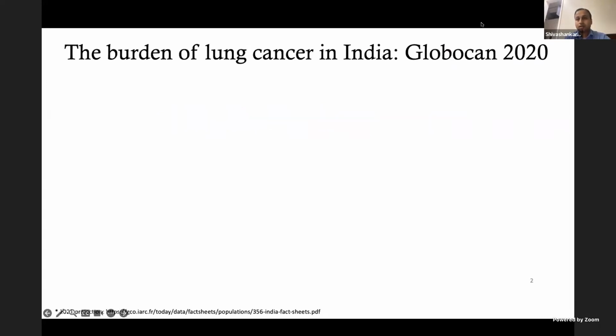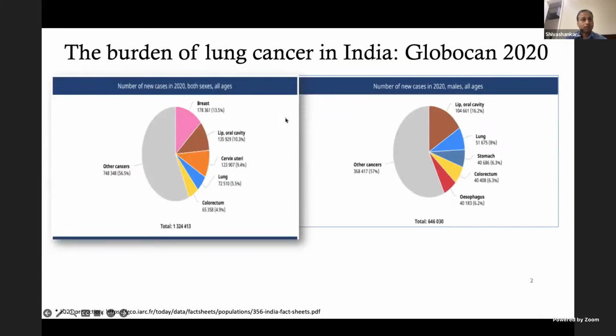It has already been touched upon by many speakers, the burden of lung cancer. We all know that lung cancer is one of the common malignancies. Among both men and women, it is the fourth most common cancer in the number of new cases in 2020.